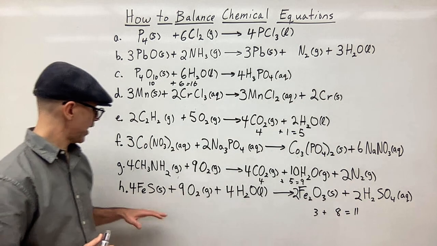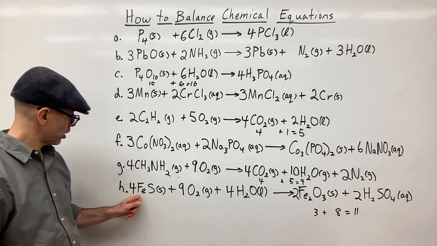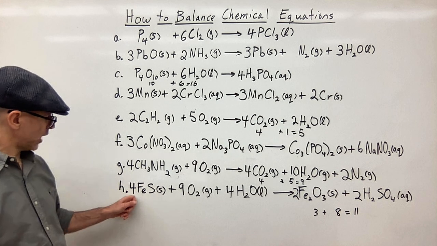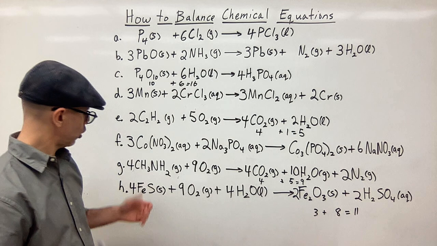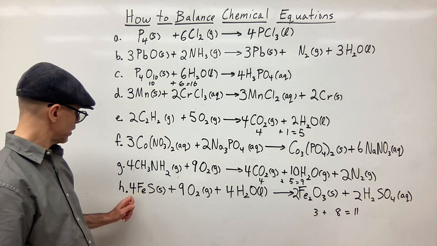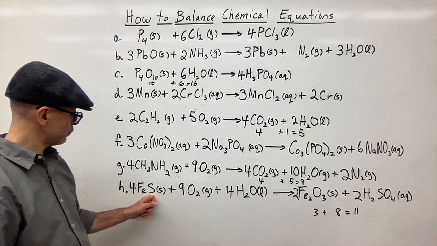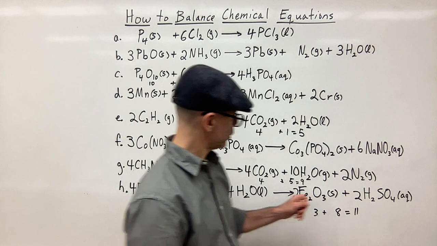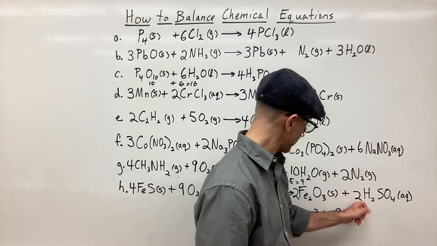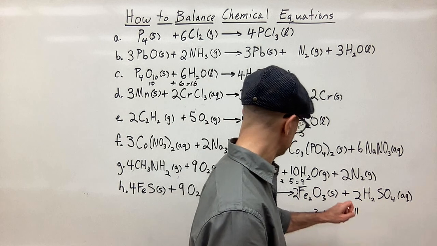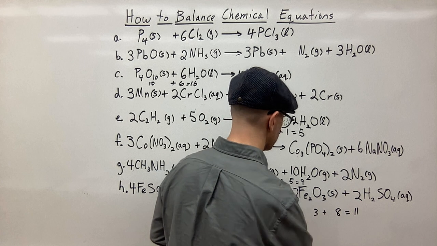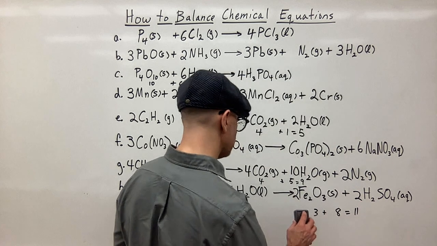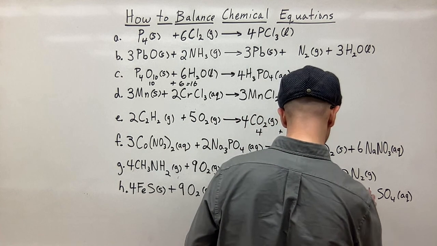And we can double check, right? So I have 4 irons. 4 times 1 is 4. 2 times 2 is 4. So irons are still balanced. Sulfur, I have 4 times 1 is 4. Over here, the sulfur, oops, hold on a second. That should be 4.